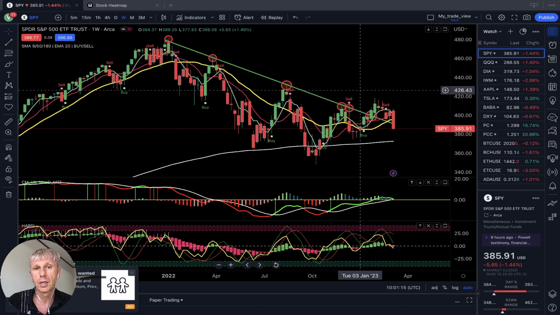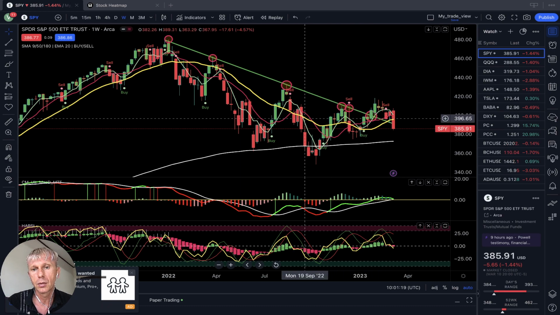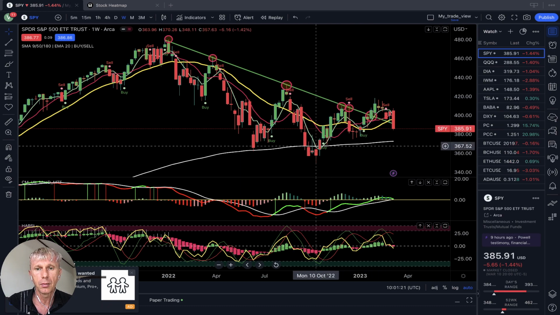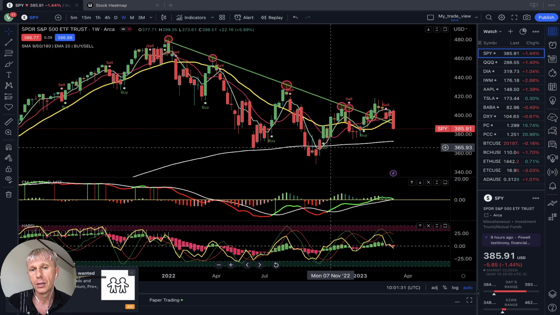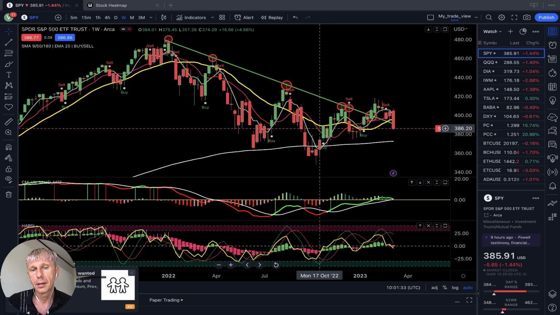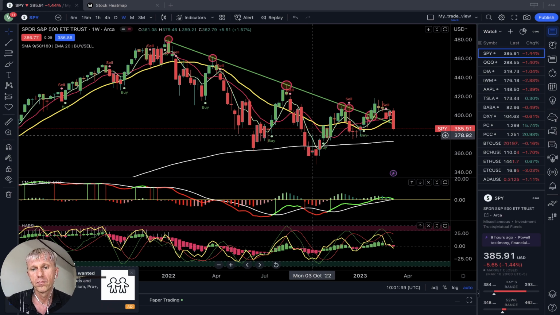I'm using a buy and sell signal script. I'm using simple moving averages: yellow line SMA 20, white line MA200, red line SMA 10, and green line SMA 5.